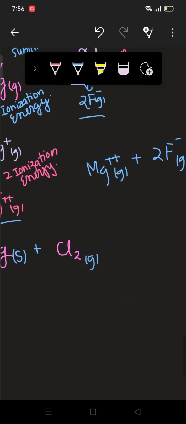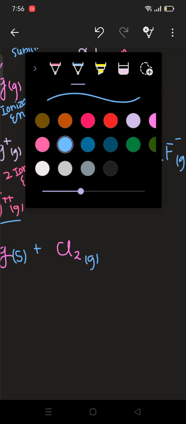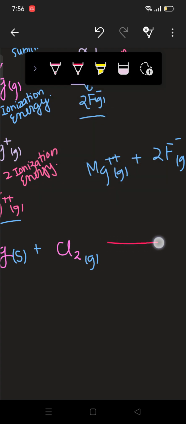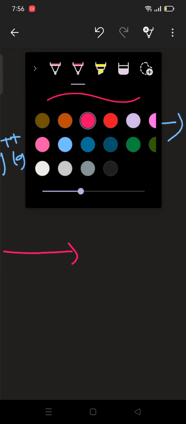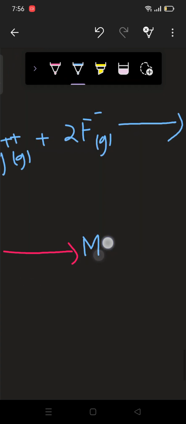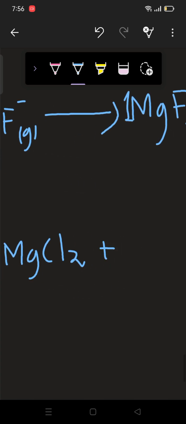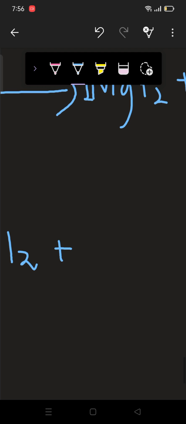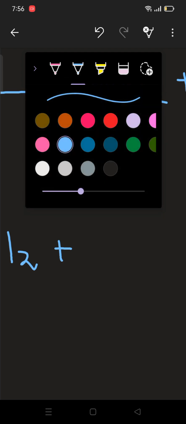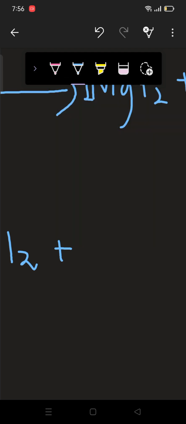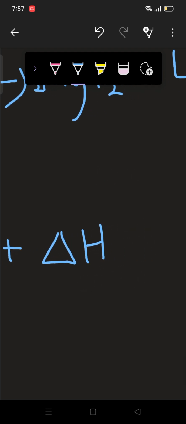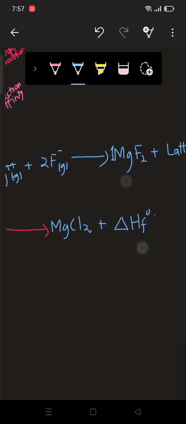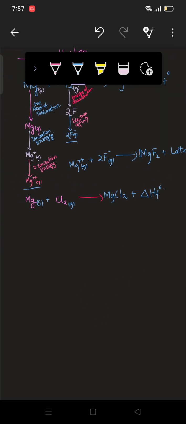When they both react together, they form MgCl2 plus heat of formation, right? But what I need to calculate here is the lattice energy.